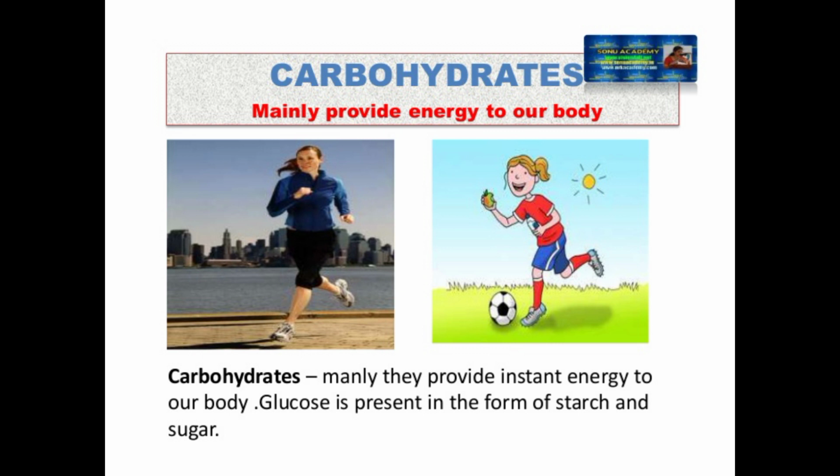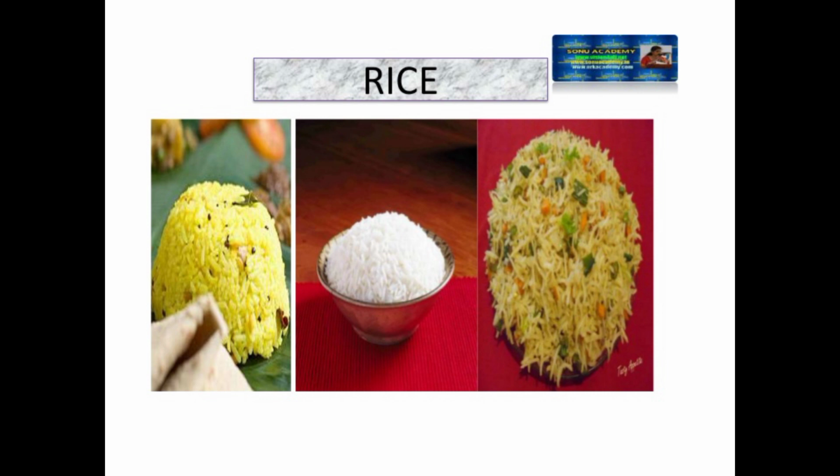Remember that carbohydrates mainly provide us energy. They provide us instant energy, so we can play, read, sleep, and walk. All these activities require energy. So what are the various sources of carbohydrates? Rice that we consume is an example of a rich source of carbohydrates.